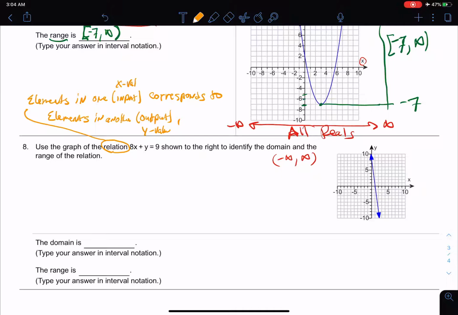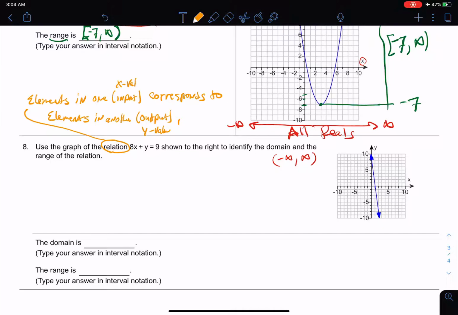Finding the domain, and especially finding the range, when you're just looking at an equation takes some work. Something to note though, if it's a linear equation, not all lines are going to be all reals for the domain. But most lines that we see that have some sort of slope to them, not verticals, not horizontals, are going to be all reals for the domain and range.